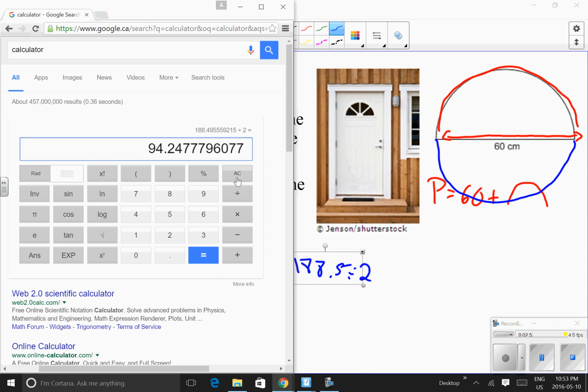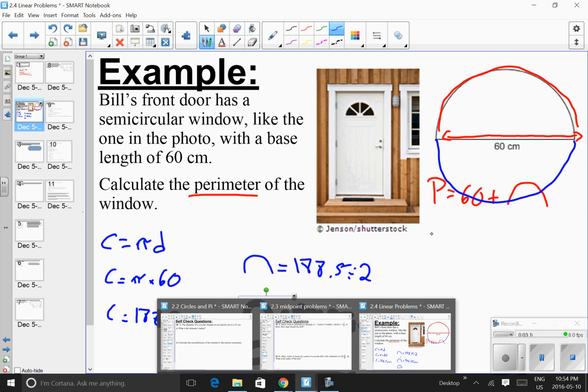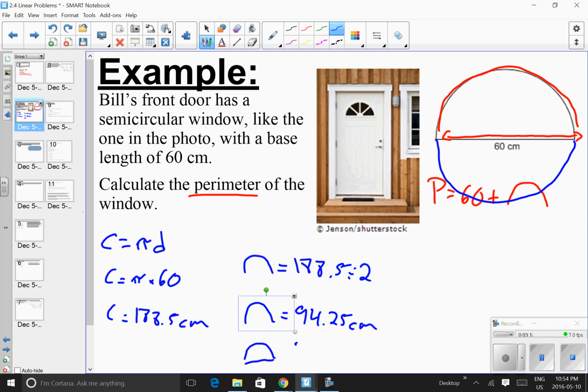So 188.5 divided by 2 gives me 94.25. So my frowny face is 94.25 centimeters. So my semicircle, including the bottom piece, is equal to 94.25 plus that bottom piece, which was 60.